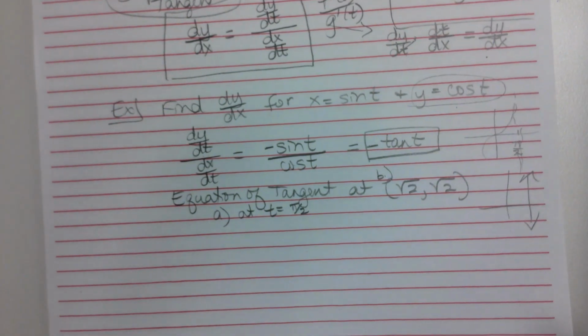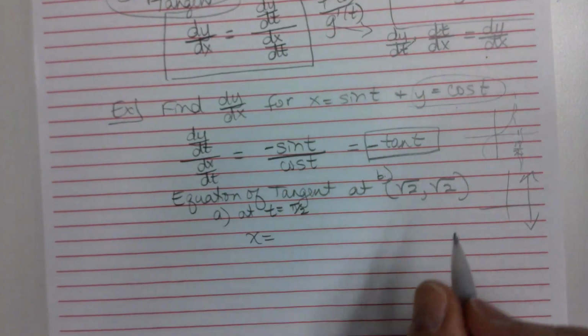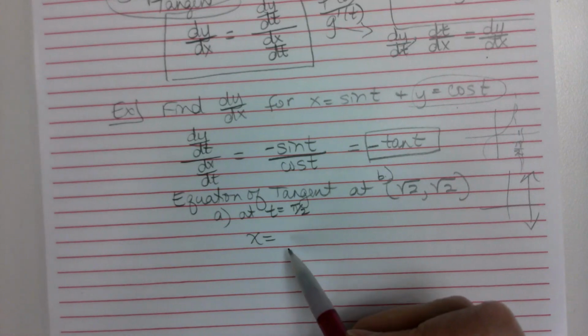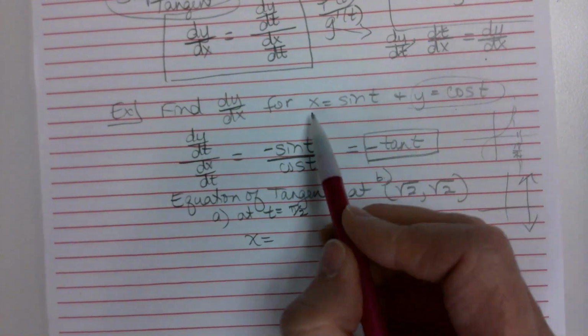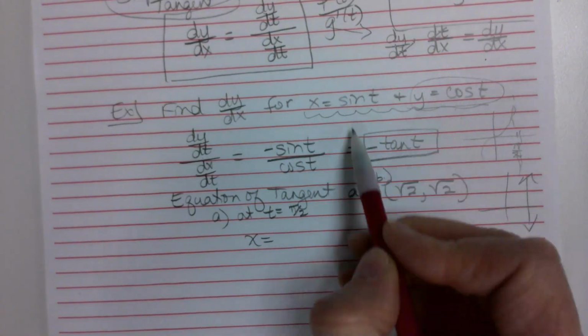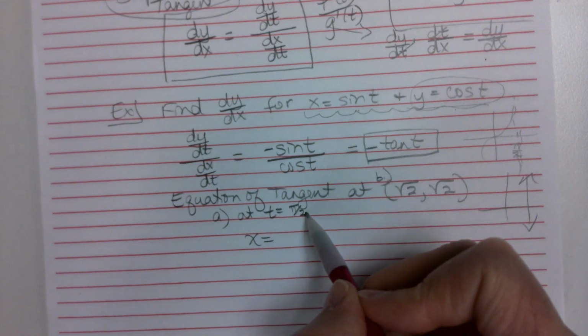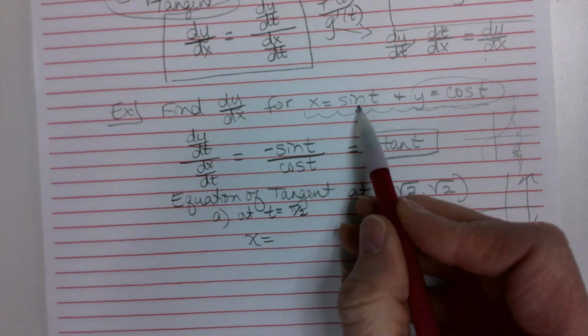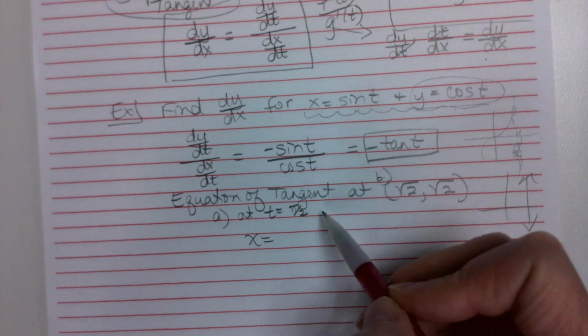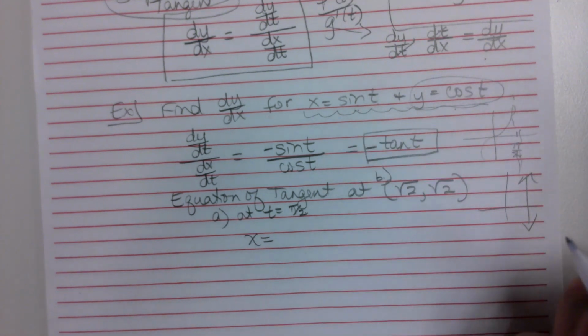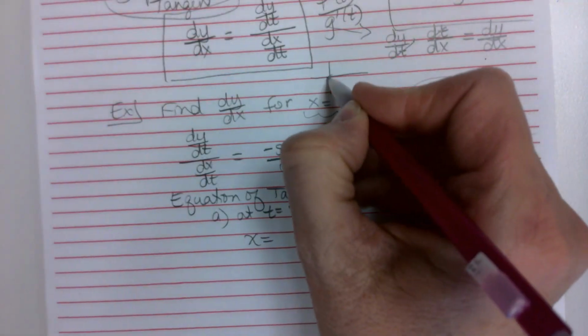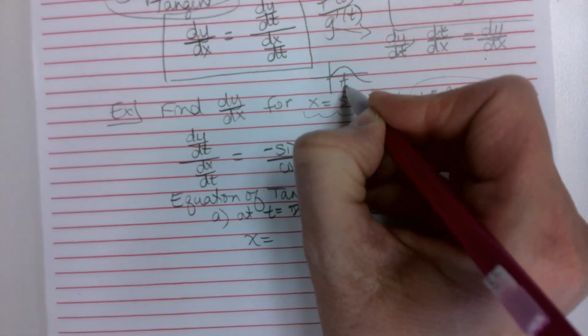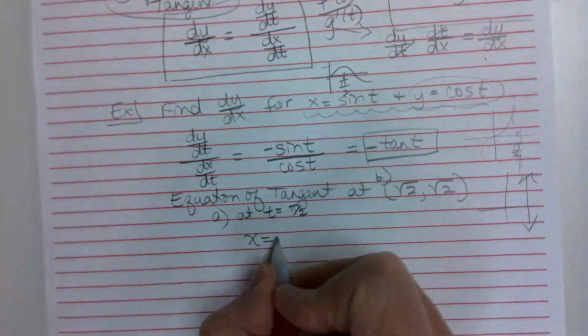That is x equals some number, right? So how would I get that some number? Go up to the original. T equals pi over 2. What is the sine of pi over 2? 1. Sine function at pi over 2. It's up there at 1, right?